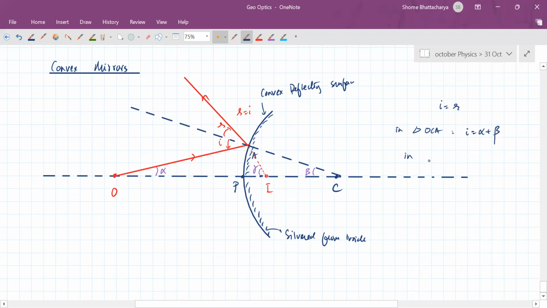And in triangle CIA, gamma is equal to r plus beta, because this angle you can see is r. So we have this equation.